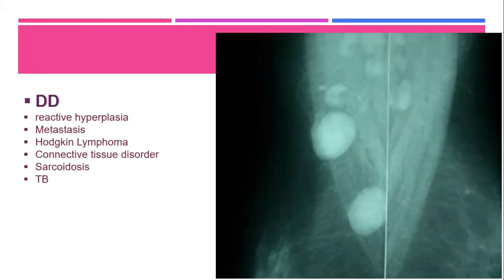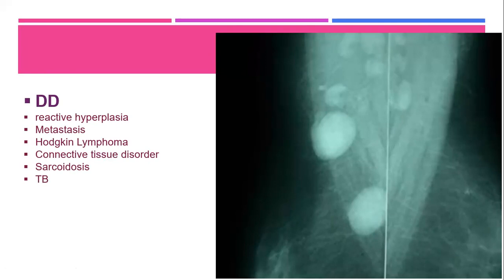And if we look at these, we can say these are suspicious lymph nodes, dense, lacking hilum. But in this case, it was benign, due to a benign cause. A pathological lymph node, but not a malignant lymph node. So mammography is not very helpful in differentiating benign from malignant.